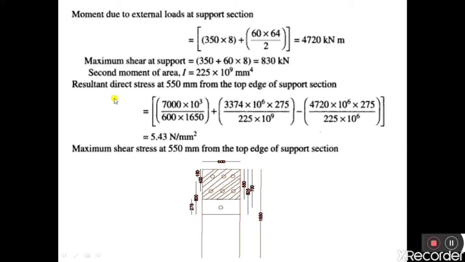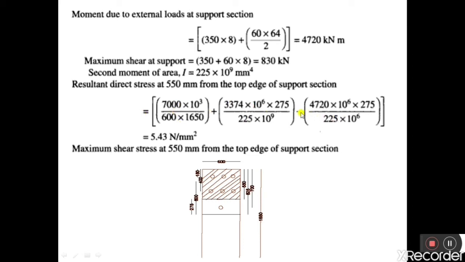Then to calculate the resultant stress at 550 mm from the top edge of the support section. So here the resultant direct stress is nothing but f of x. The formula is P by A plus P into e by I plus or minus M into y divided by I. So P by A, P into e.